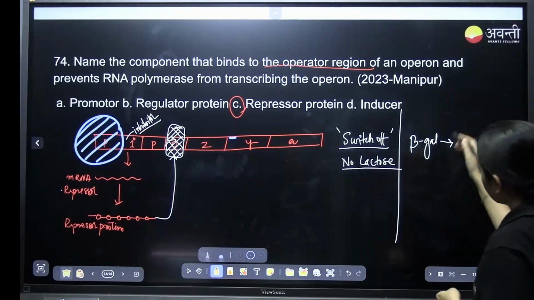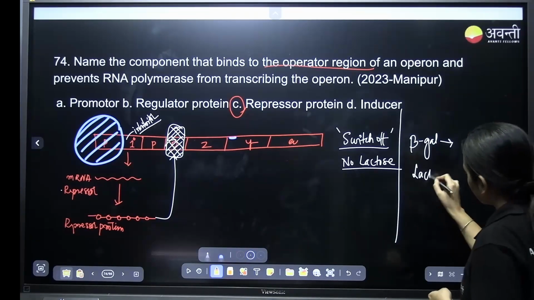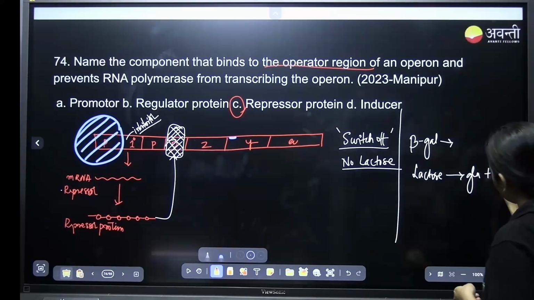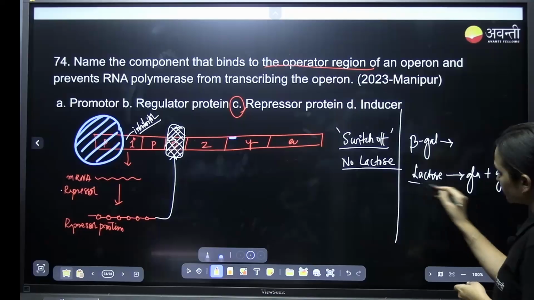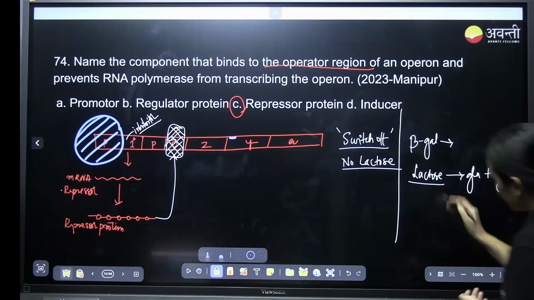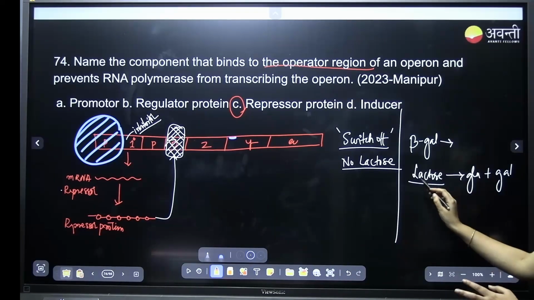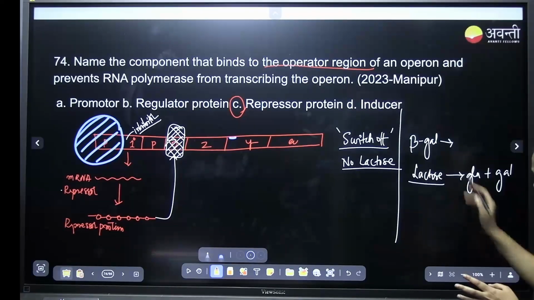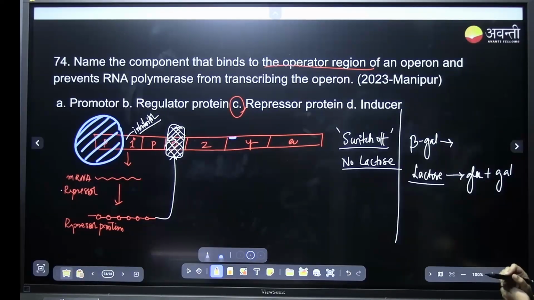It hydrolyzes lactose to glucose plus galactose. Lactose is a disaccharide. Glucose and galactose are monosaccharides. So it will be hydrolyzing the lactose to glucose and galactose. Understanding?